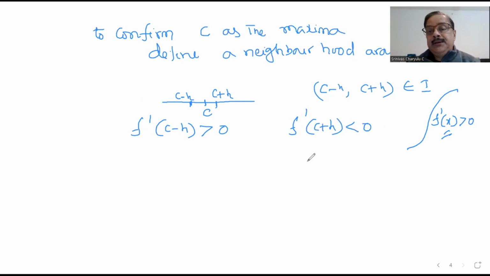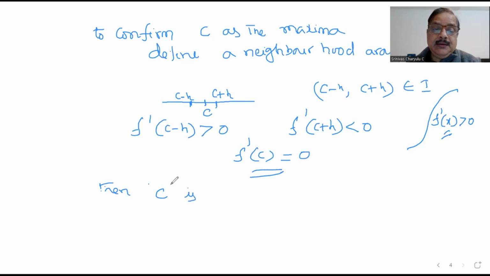Very, very important: f dash c minus h is greater than 0, f dash c plus h is less than 0, and f dash c should be 0. If these three are met, then c is said to be maxima.